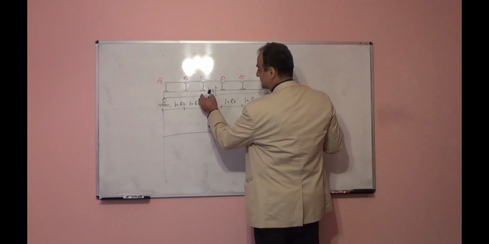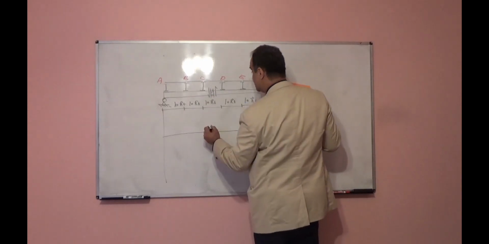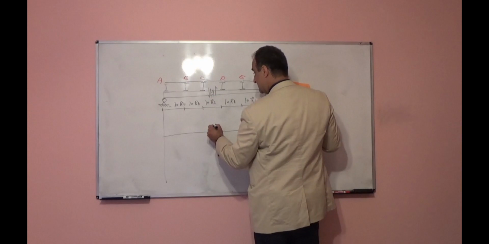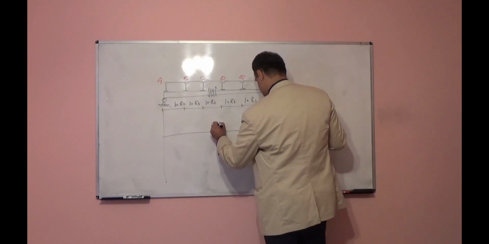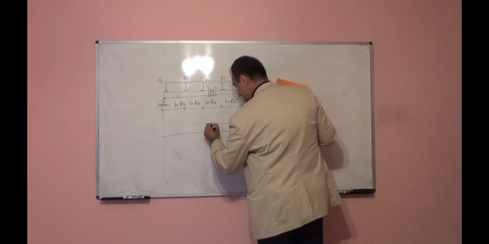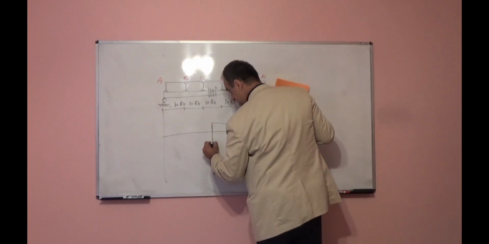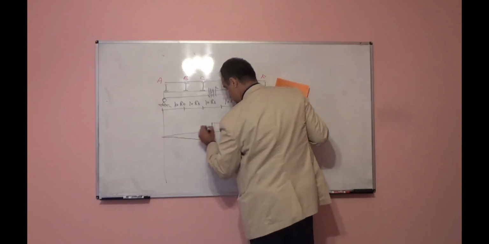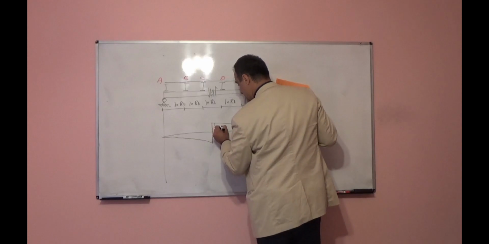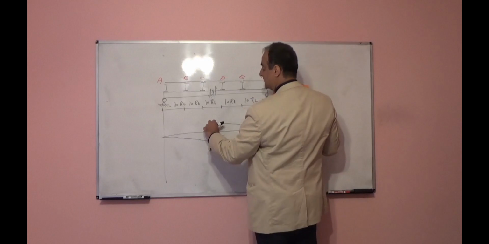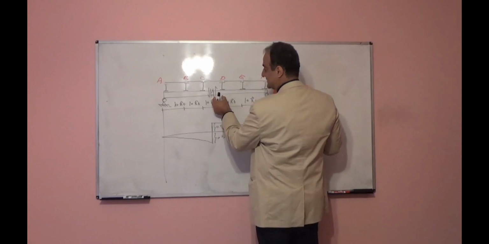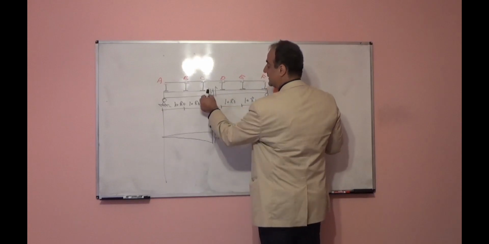Because this is 5 feet, 5 feet, each side will go up and down 0.5. This will be 0.5, this will be 0.5, because this will be B over L. If this is B, B over L, A over L.